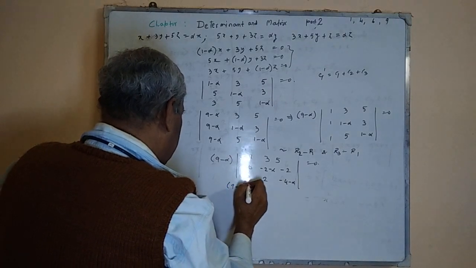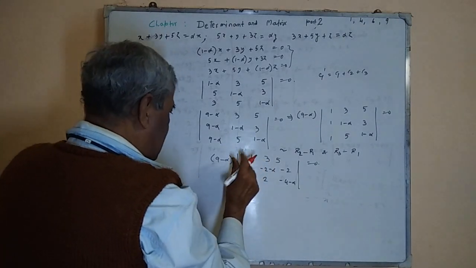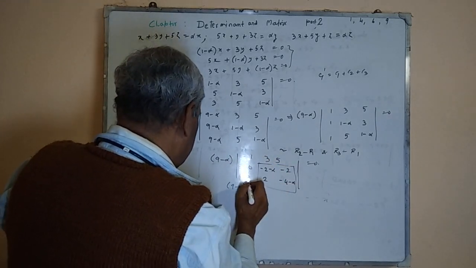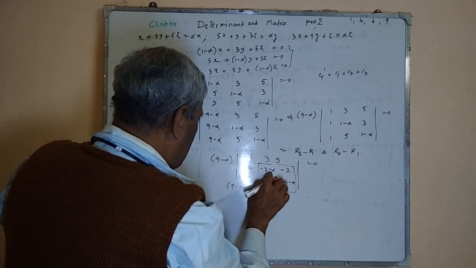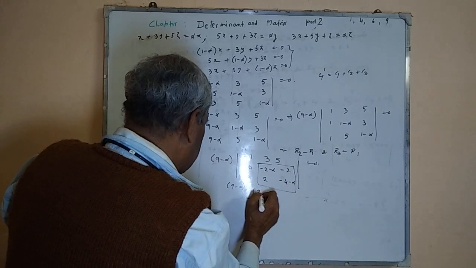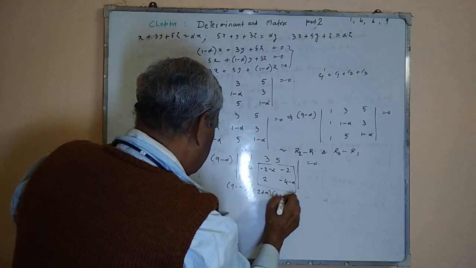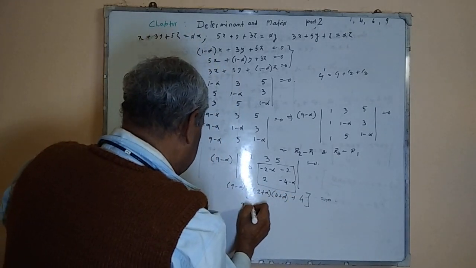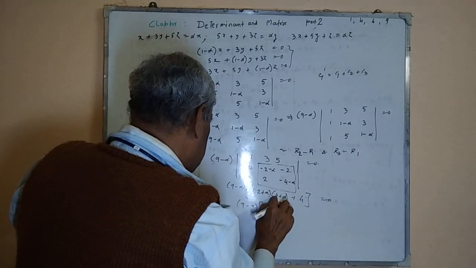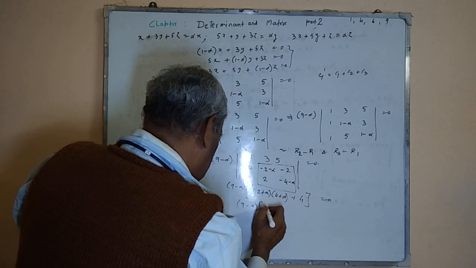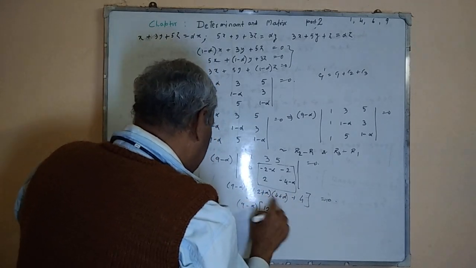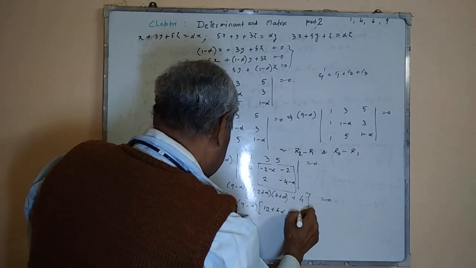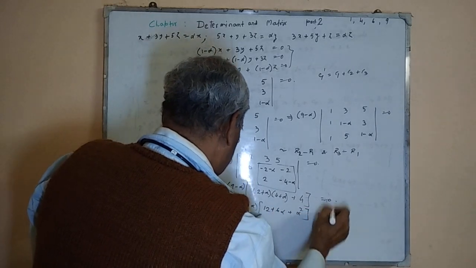So that we get 9 minus alpha into this determinant, 1 into that determinant, so it is equal to this minus, this is minus, so can be written as plus 4 is equal to 0. So 9 minus alpha into this is 8 plus 4, 12, 4 alpha plus 2 alpha plus 6 alpha plus alpha square is equal to 0.